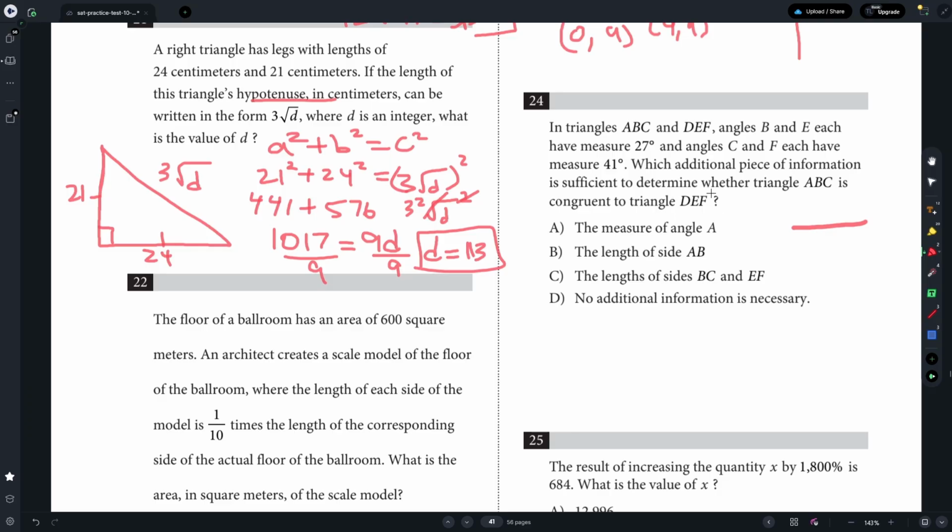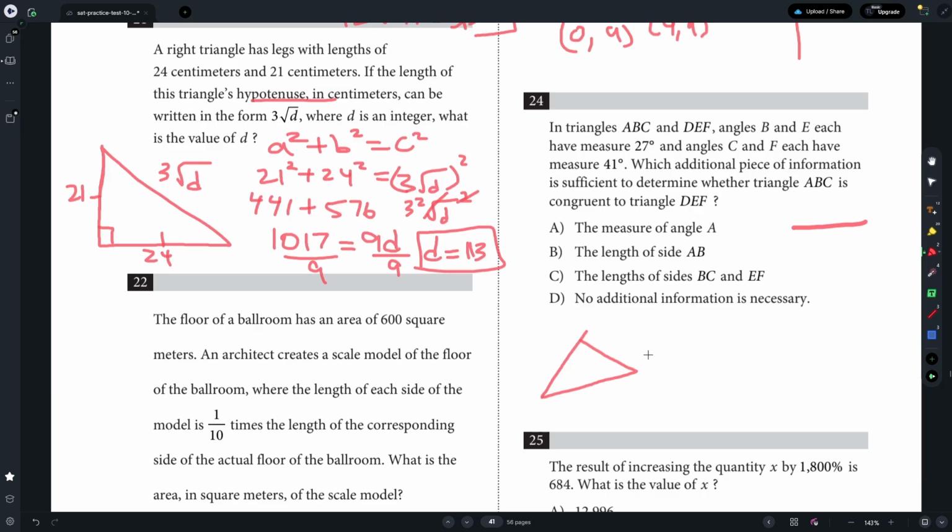So, this is geometry, and here we need to actually draw these diagrams. So let's draw ABC and DEF, where B and C are around 27 degrees. So let's draw 27 degrees like this. It's like 41 degrees, like this.